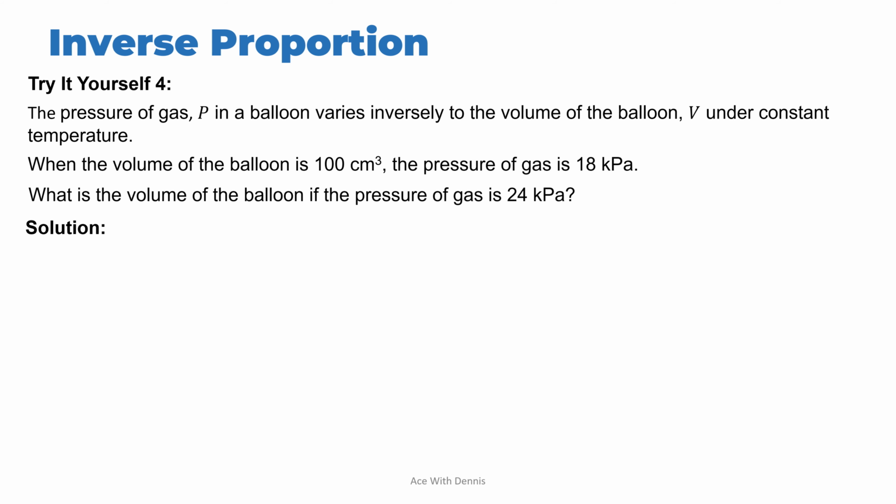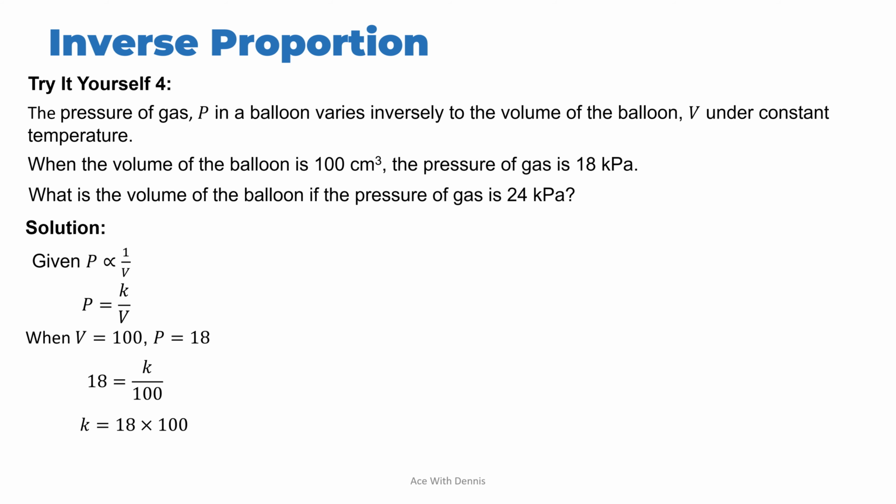Right? Here's the solution. Given that P is inversely proportional to V, therefore P equals K over V. When V equals 100, P equals 18. So we substitute these values into the equation. We get 18 equals K over 100. So K equals 18 times 100, which is 1800.